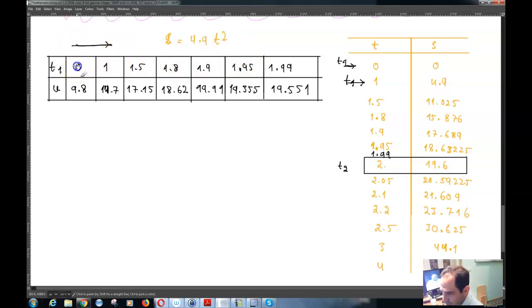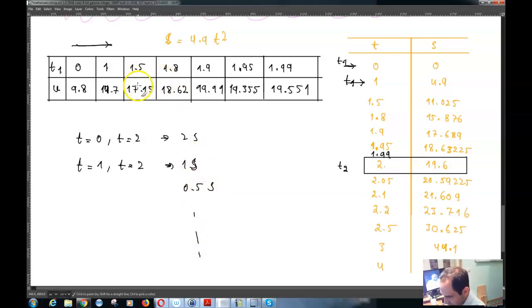For example, over here, this average velocity is related to some average velocity between t is equal to 0 to t is equal to 2. Over here, this is an average velocity for a time interval between t is equal to 1 and t is equal to 2. So this is basically 2 seconds. This is 1 second. Over here you would have 0.5 seconds, and so on and so forth.